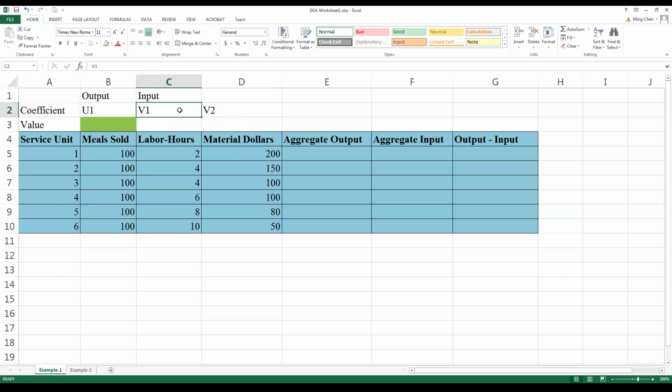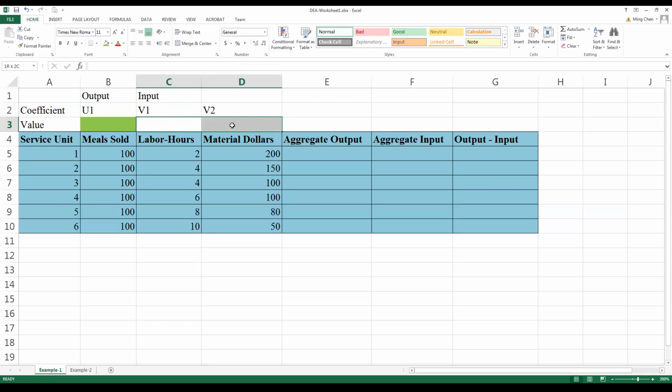If you have 3, then you need V1, V2, and V3. If you have 10, then you need V1 all the way to V10. So U is a coefficient for output, and V is a coefficient for input. Depending on how many inputs and outputs you have, you need a different number of U1, U2, U3, or V1, V2, V3.